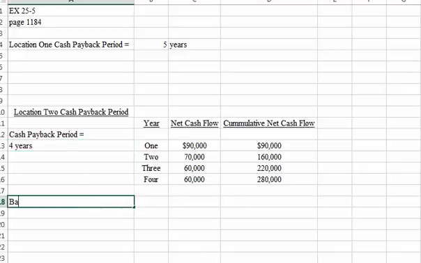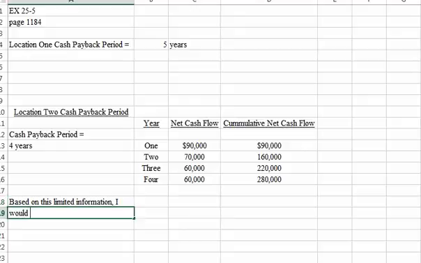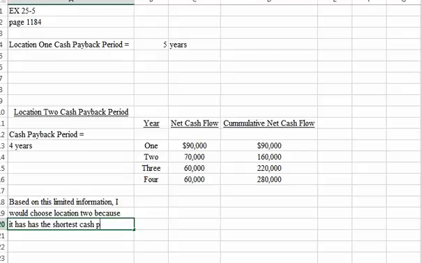So I'm going to say, based on this limited information, I would choose location 2 because it has the shortest cash payback period.